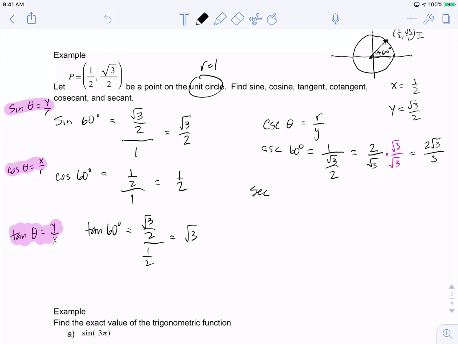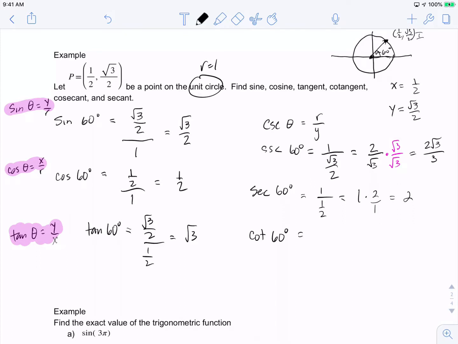Secant of 60 degrees. Again, we have to remember that secant's the reciprocal of cosine. So instead of 1/2 over 1, we're going to get 1 over 1/2, which is the same as 1 times 2 over 1, which is 2. And then cotangent of 60 degrees is the reciprocal of tangent.